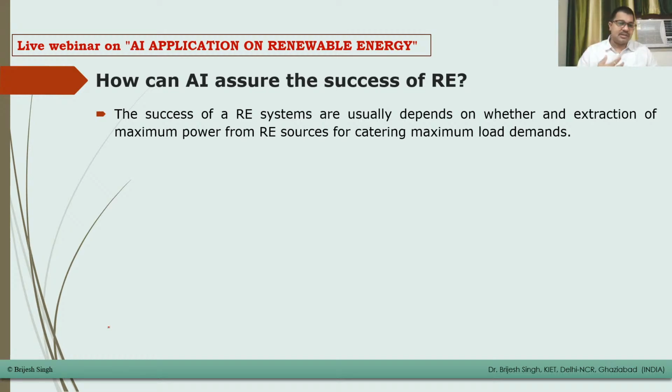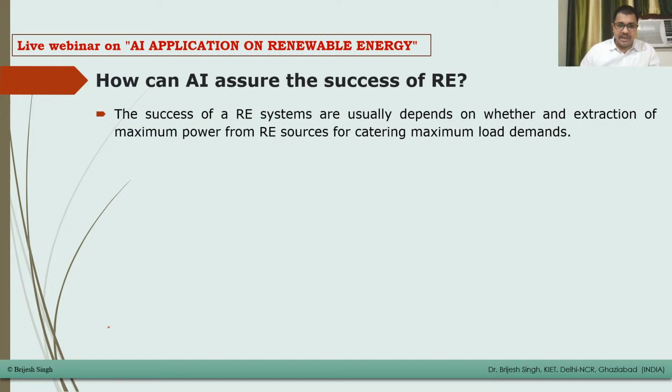Not only harnessing the power from the renewable energy source, it is also delivered to the load in a maximum manner. If you have this opportunity, you can say that your renewable energy systems are successful.